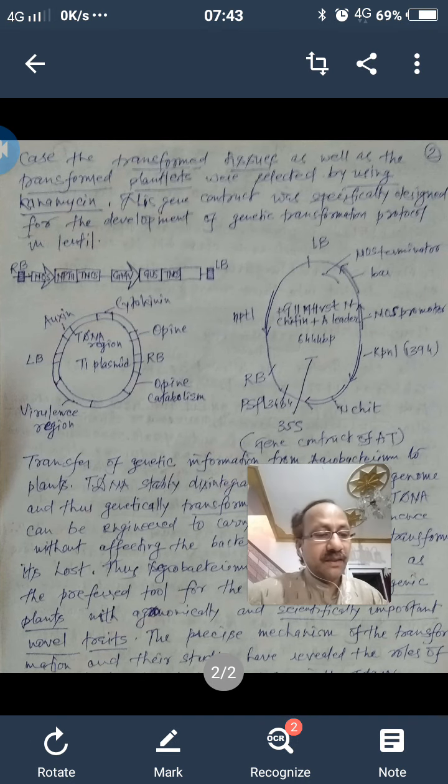The transformed tissues as well as the transformed plantlets were selected by using kanamycin. So it is also a tool. This gene construct was specifically designed for the development of a genetic transformation protocol in lentil.